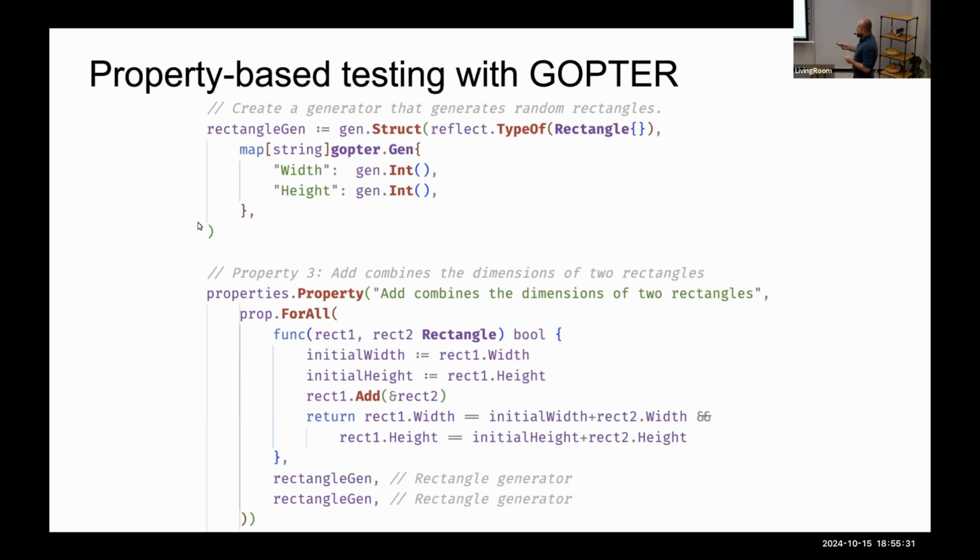So this creates a generator from other generators. And this is what you can do with this. You can nest and compose different generators into one, so that you can have one generator for, let's say, deeply nested structures, right? And the testing is basically the same, right?